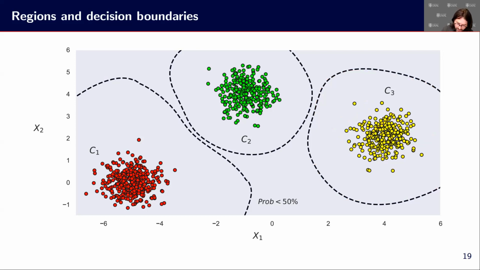And in between, like this region here, that region there, that region there, this is the region of rejection. So this is the region where the posterior of all 3 classes is below 0.5, given that we use a lambda, a cost of rejection, of 0.5. This is where we will reject. Basically, if we get a sample there, we have too low certainty about that region to make a decision.